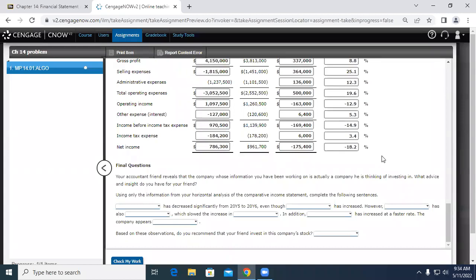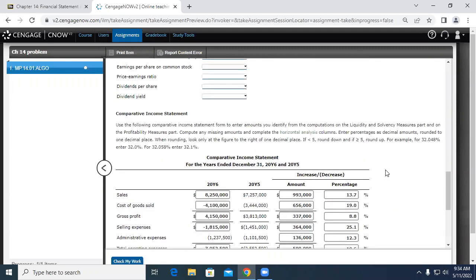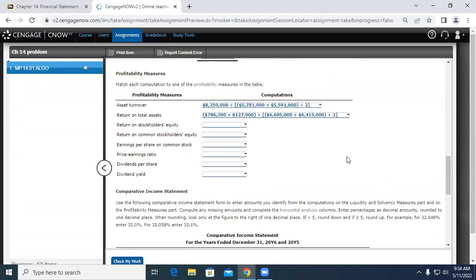Okay, so I filled in the last lines on the income statement. Again, you'll notice that anytime there's a decrease from the earlier year, you need to show that as a negative. And let's go back to our exercise. Now, what do we know? I'm just going to put a little box here so I can make sure you're seeing the same numbers that I'm pointing to.